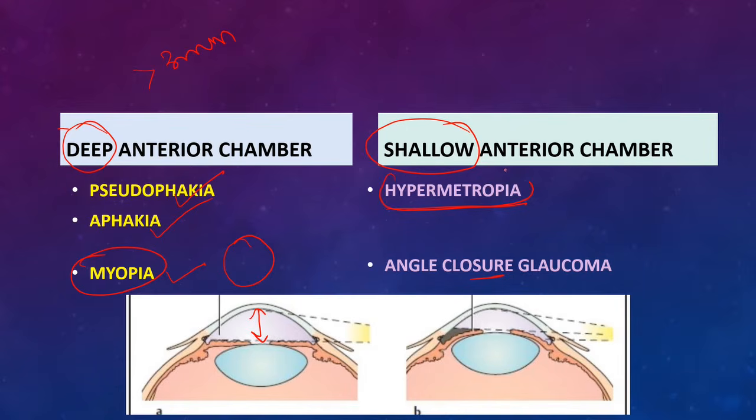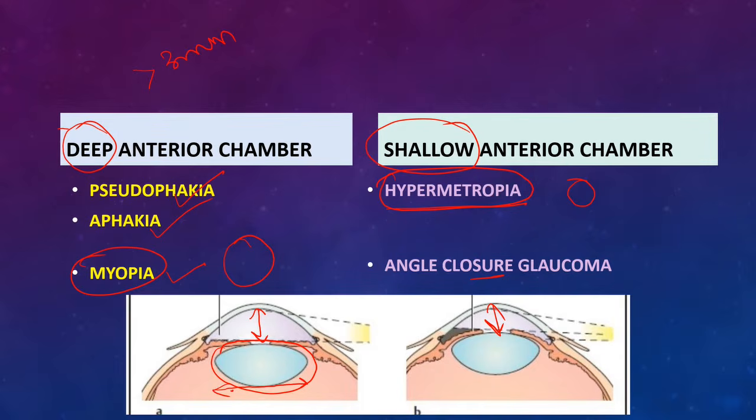In hypermetropia, as we know, the eyeball is smaller, and since the eyeball is smaller, the anterior chamber is also smaller or shallower. In pseudophakia and aphakia, the normal thick spherical crystalline lens is removed and replaced, or not replaced in aphakia, by a flatter intraocular lens.